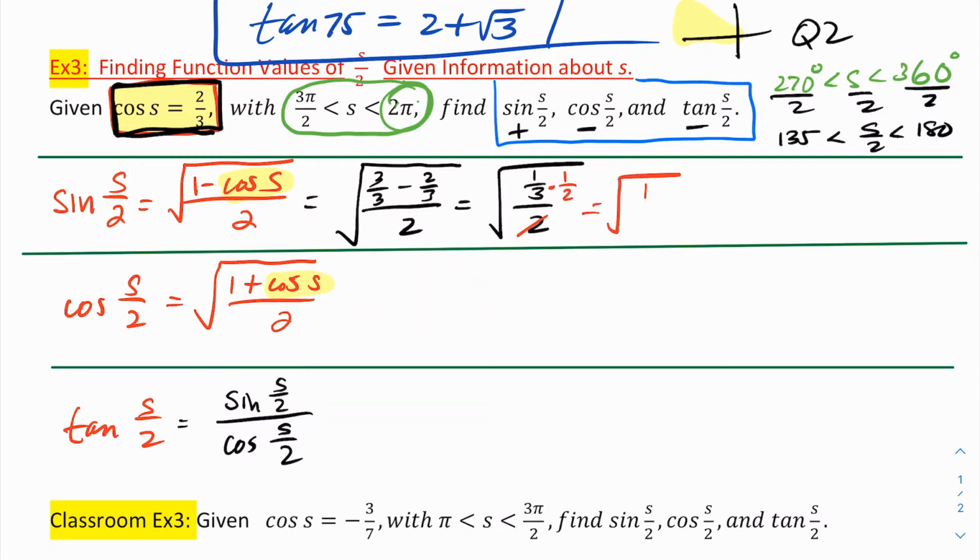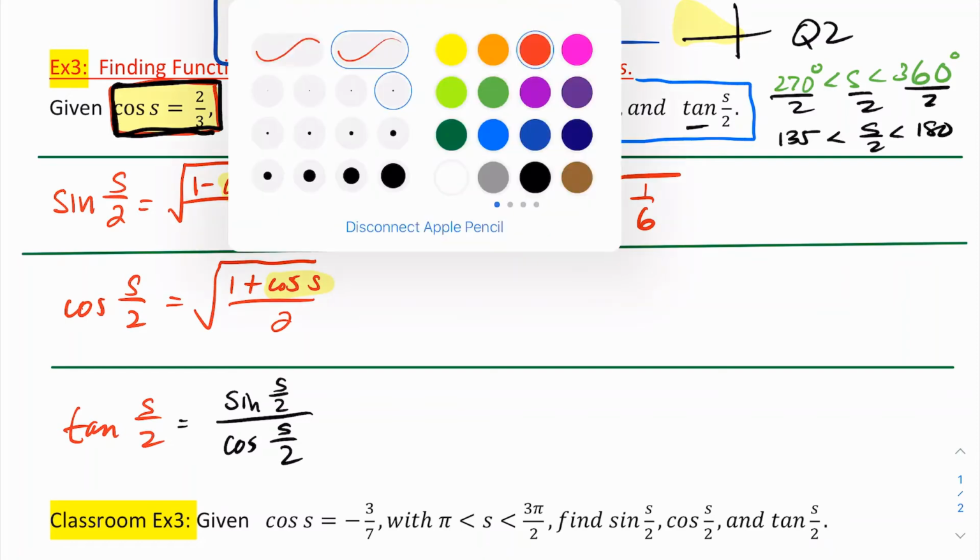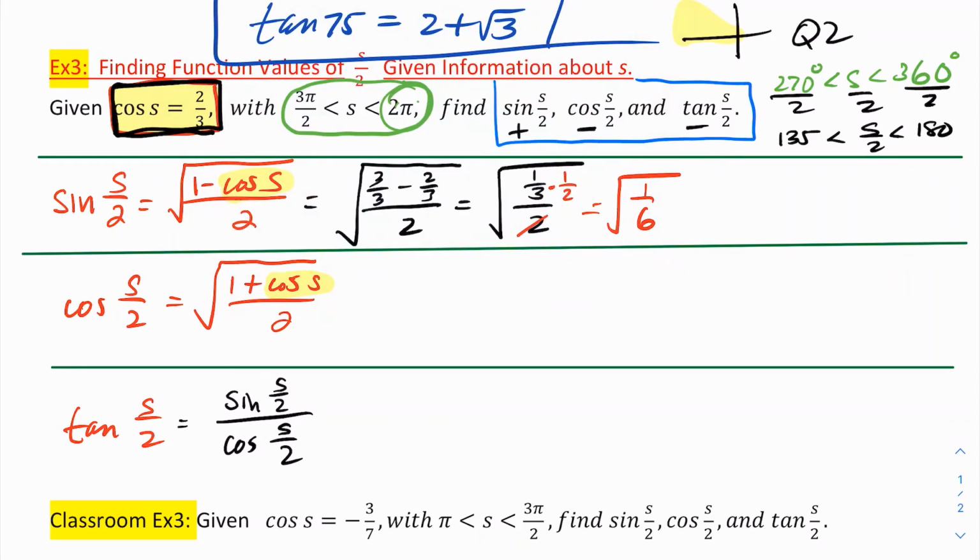So I have the square root of 1/6. Now, in the denominator, I don't want to have a 6. I want to make sure that the denominator is a perfect square. So I'm going to multiply top and bottom by 6. The only reason I'm multiplying by 6 is because I know 36 is the quickest way to get to a perfect square root. So now I have the square root of 6 over the square root of 36, right? So the square root of 6 over 6.